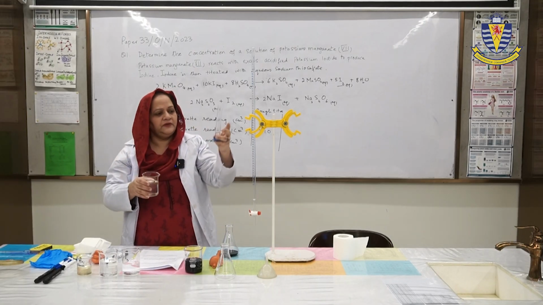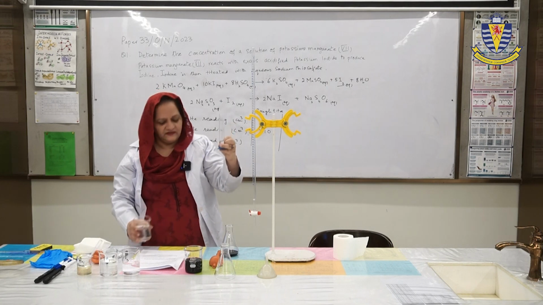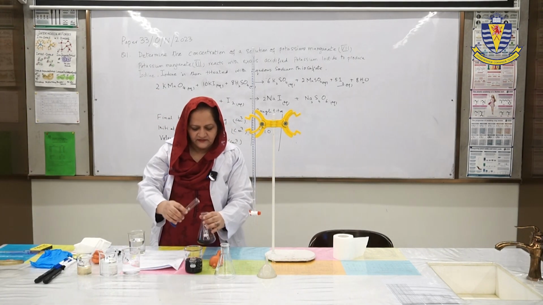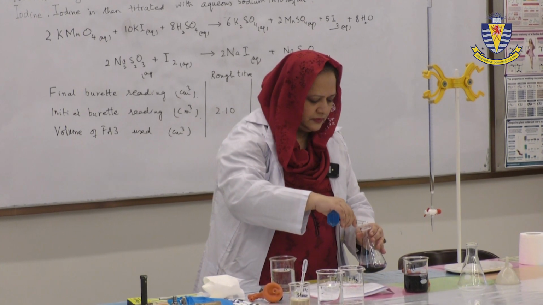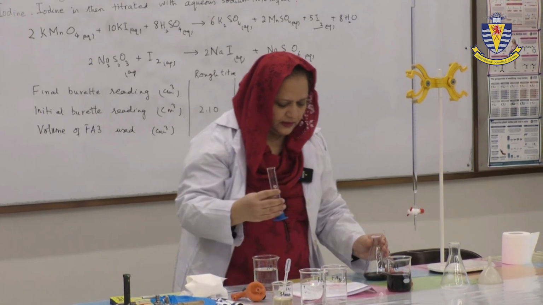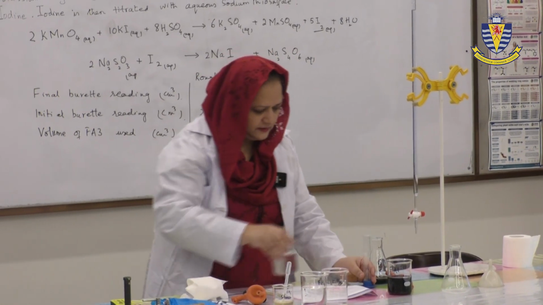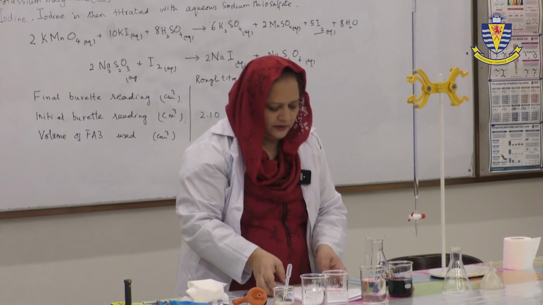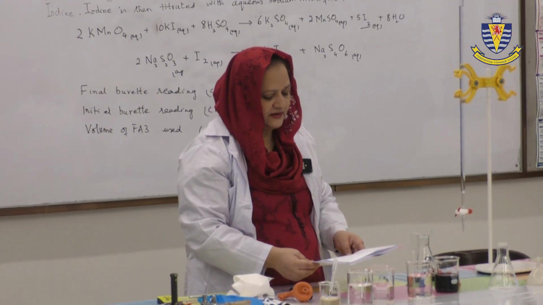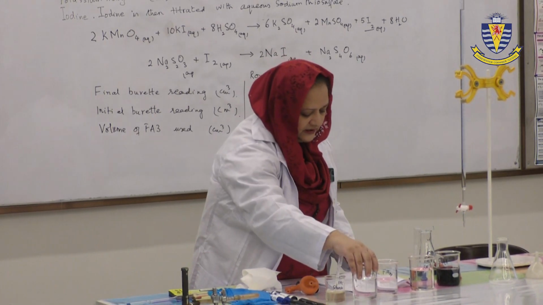Now here we will be noting down the lower meniscus, as this is the colorless solution. And now use the measuring cylinder to add 15 cm cube of Fa4.